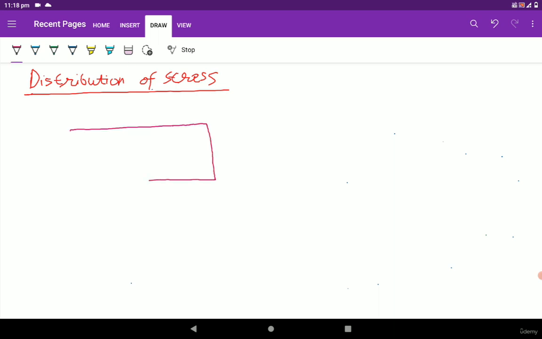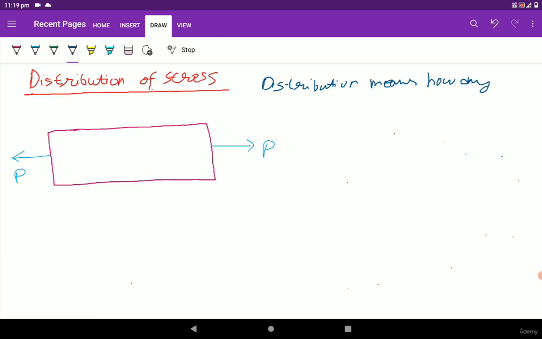This is the rectangular cross section, and it is subjected to some load P. Now let's see how the stress is distributed. Basically, distribution means how any quantity is varying at all possible points.